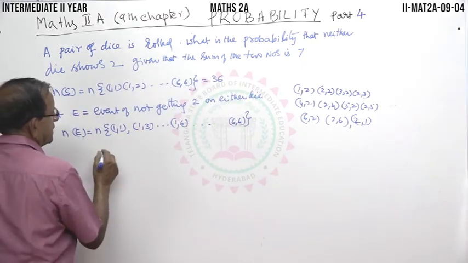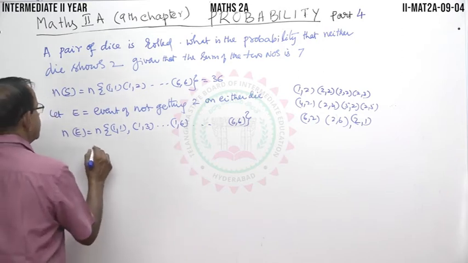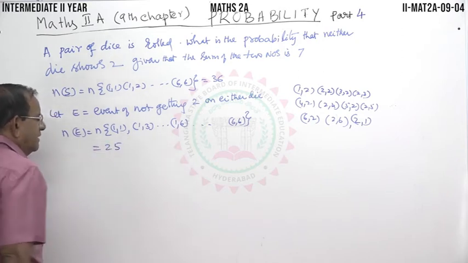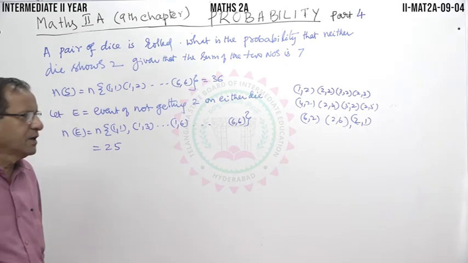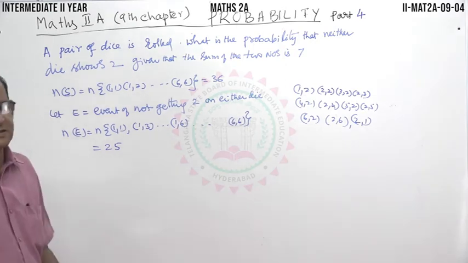That means you will get 36 minus 11, that is 25 only. Without 2, you will get 25 pairs.